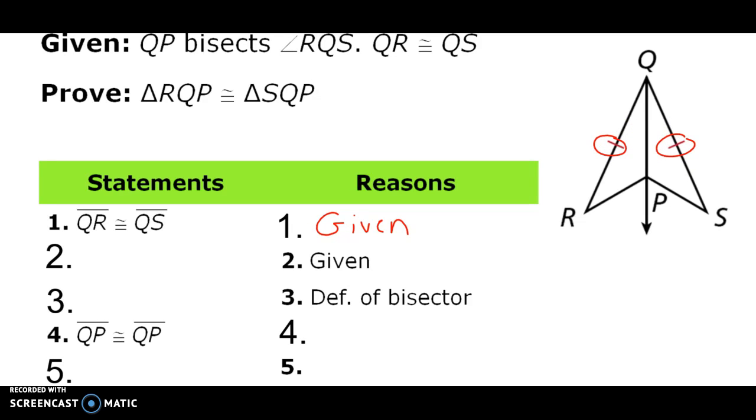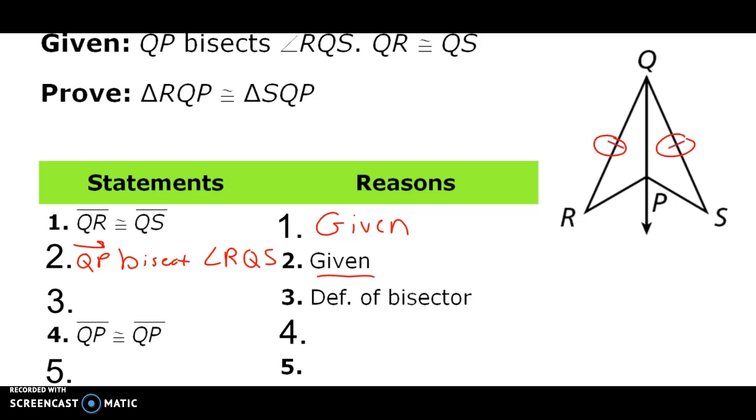And then the next given, because there's another given, is the only other thing in the given we haven't said yet. So that's ray QP is bisecting angle RQS. And what does that mean exactly, for a ray to be bisecting an angle?